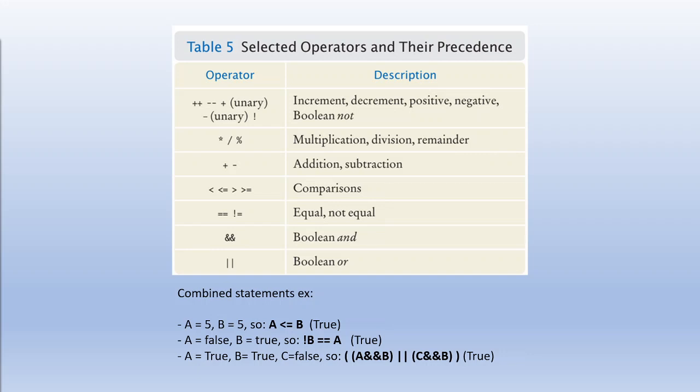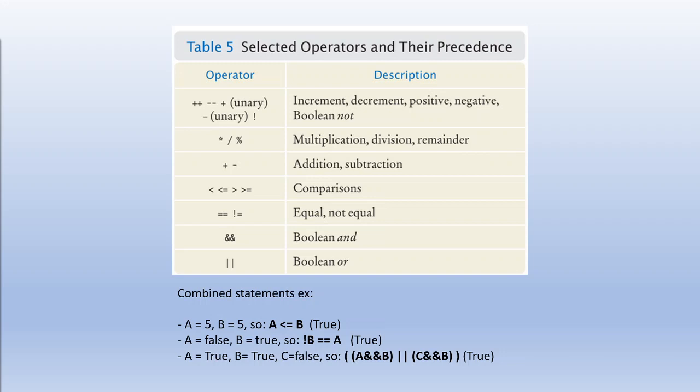And if we did a compound statement with 3 variables, you can see here that if we set A to true, and B to true, and C to false, then we could check for a combined statement saying if A and B is true, or if C and B is true. In this kind of a combination, the first part of the interior is what is evaluated first. So A and B is evaluated first before the OR operation is performed.